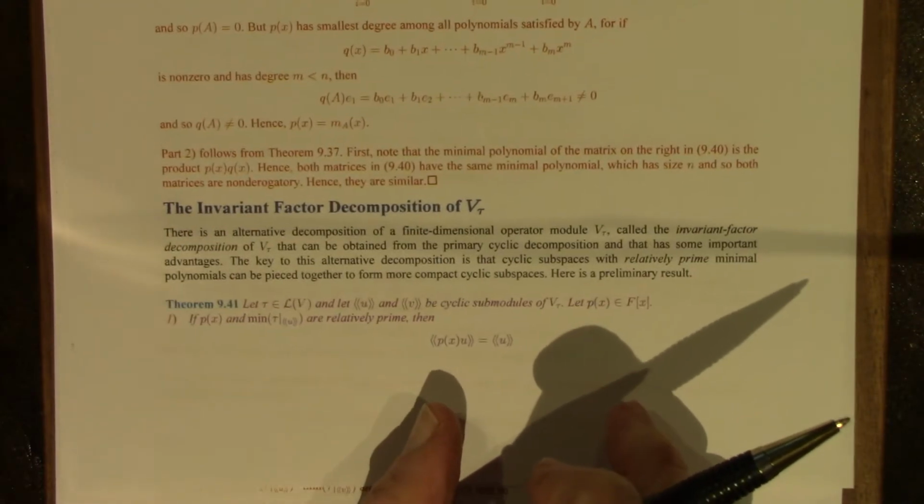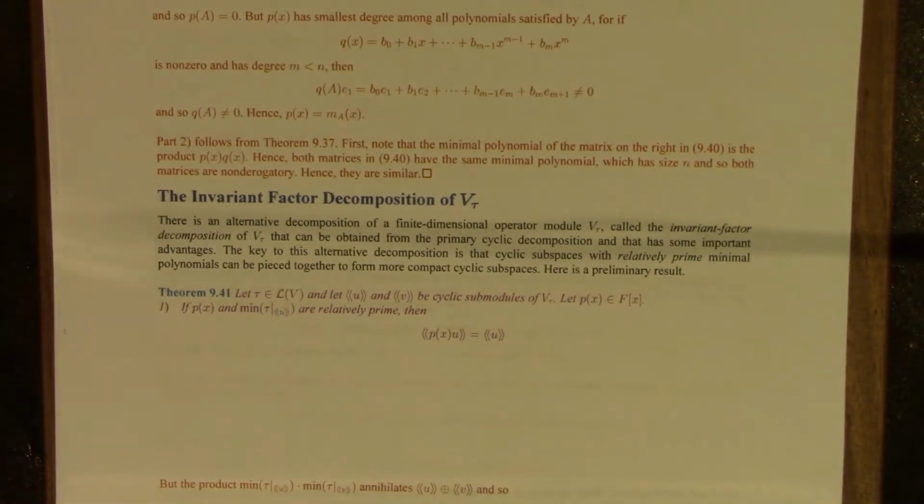We can get that decomposition from the primary cyclic decomposition, but the invariant factor decomposition actually has some advantages over the primary cyclic decomposition. The key to this alternative decomposition is that cyclic subspaces that have relatively prime minimal polynomials can be pieced together to form another cyclic submodule. It will not be primary, but it will be cyclic.